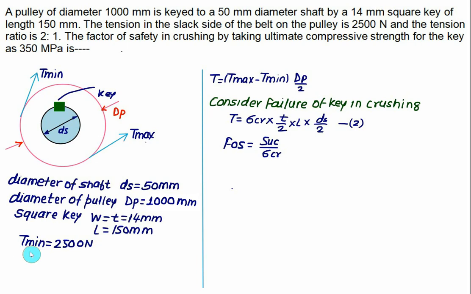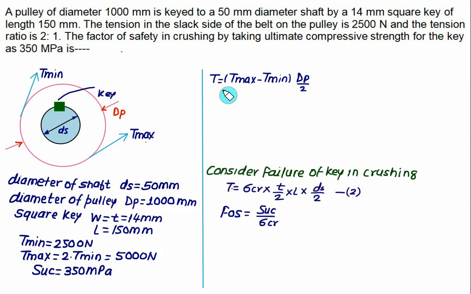It means that we have T max equal to 2 times T minimum. So 2 multiplied by 2500 is equal to 5000 Newton. In addition to this, we have given the ultimate compressive strength. SUC is known. That value of SUC is equal to 350 megapascal.